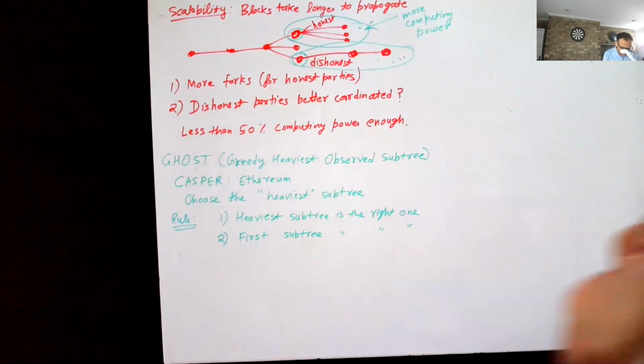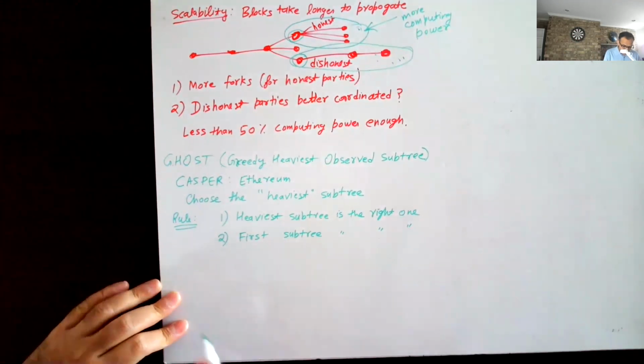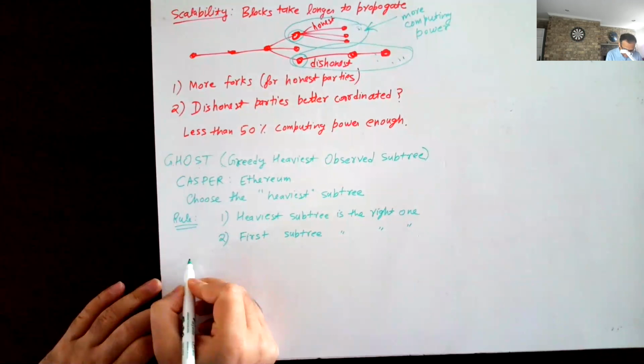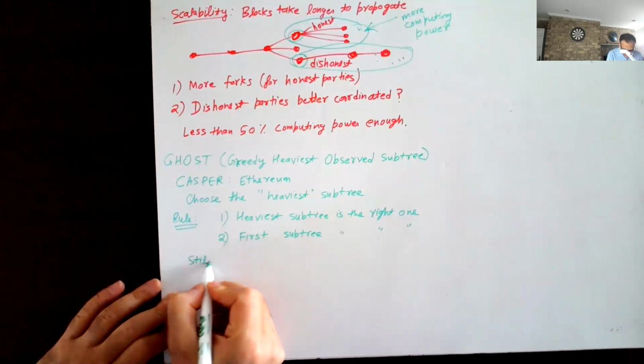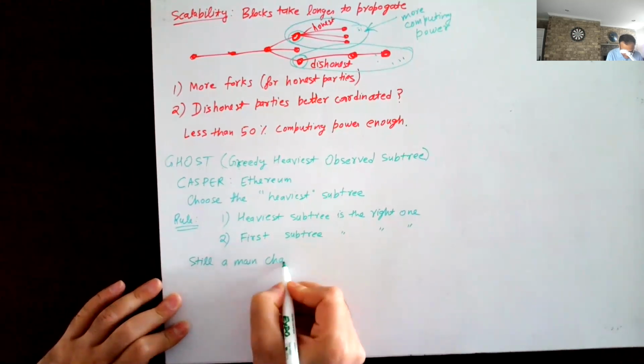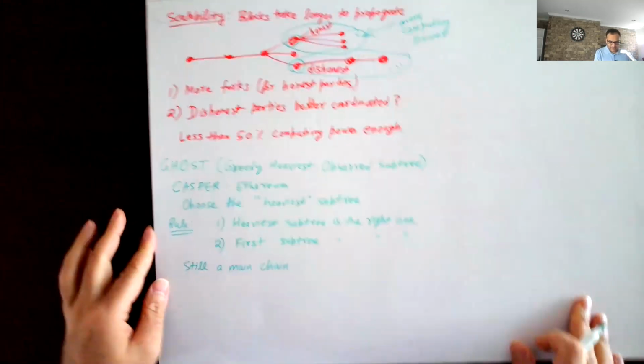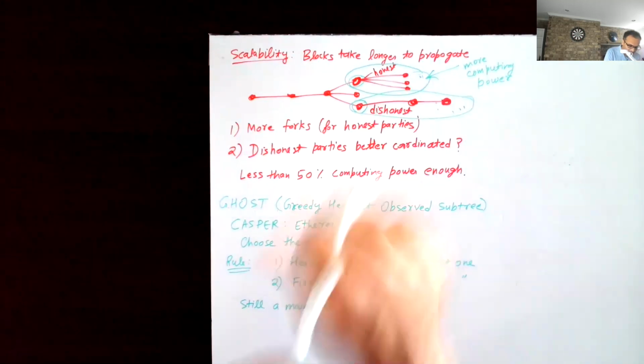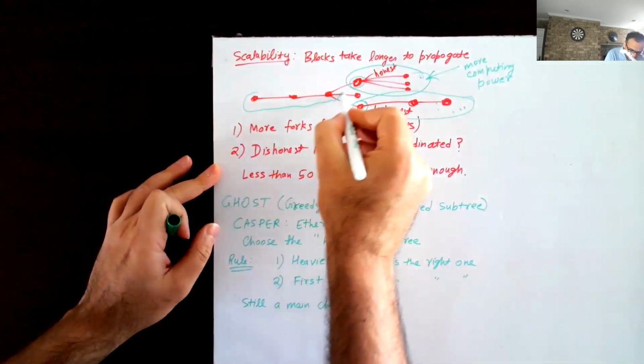Okay, and just keep in mind that there is still a main chain. So for example, if this is the heaviest subtree, maybe here we will have a chain.